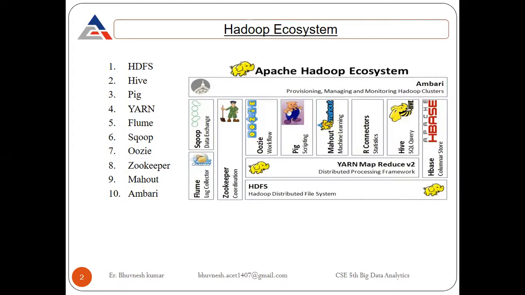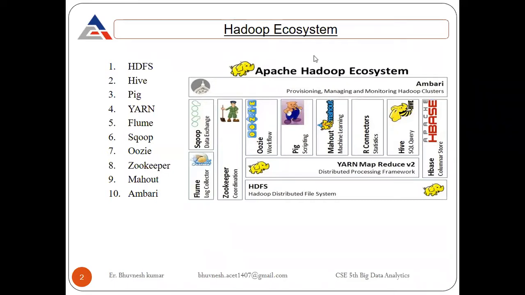Then there is Hive. Hive is also a name given to an open source tool or software, and this tool is used for your data warehouse. A warehouse is used for storing the data and also analyzing the data.